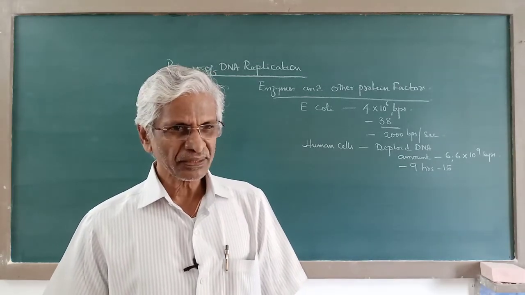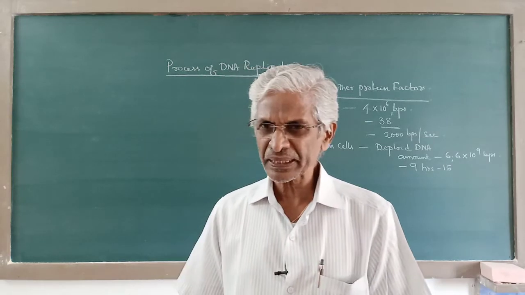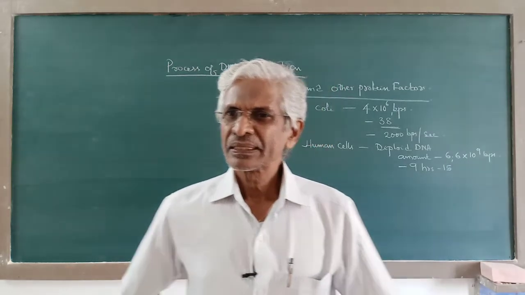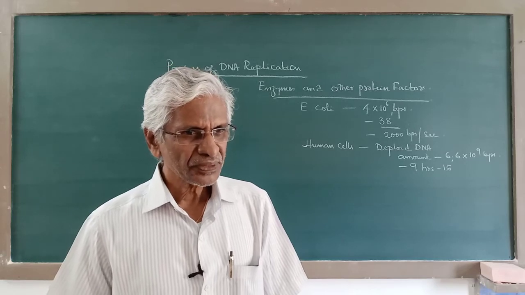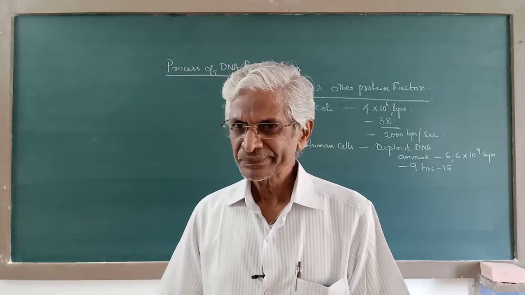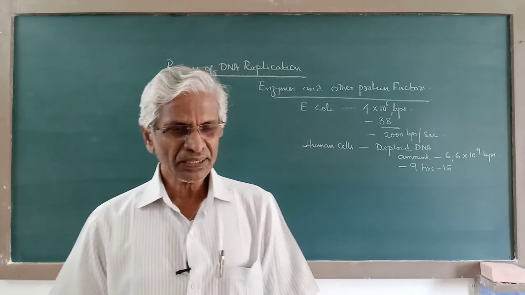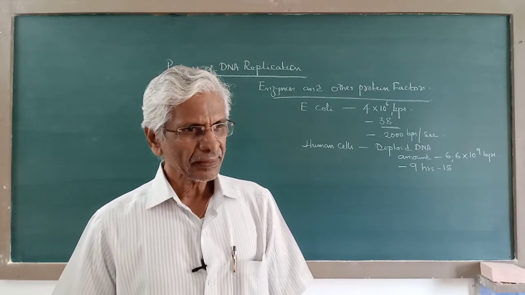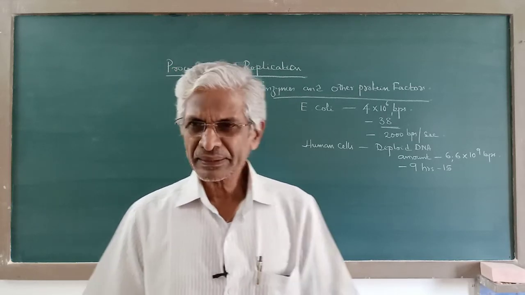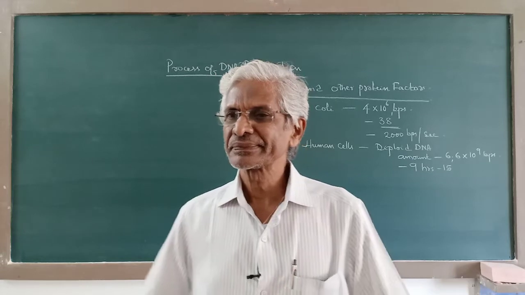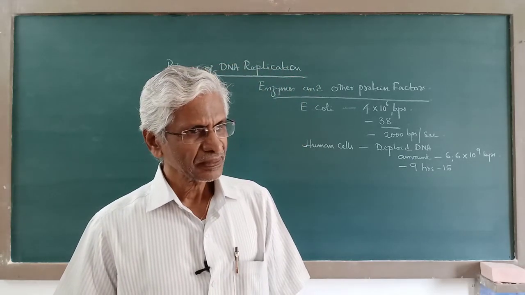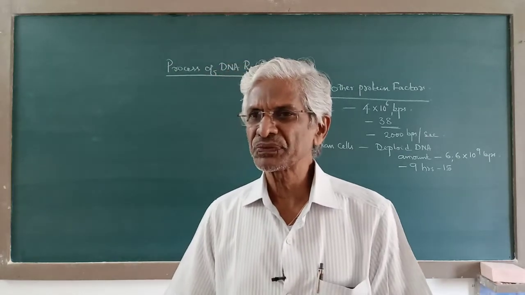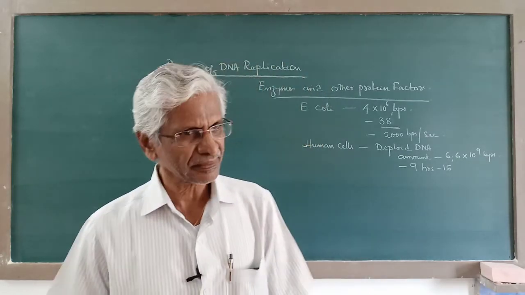And if any mistake or error occurs during DNA replication, that causes what is called mutation. So mutations generally are due to errors during DNA replication. But most of the time DNA replication takes place with a high degree of accuracy, without any error.